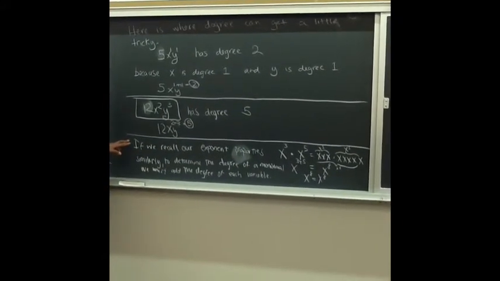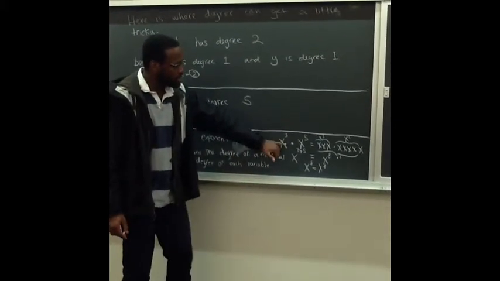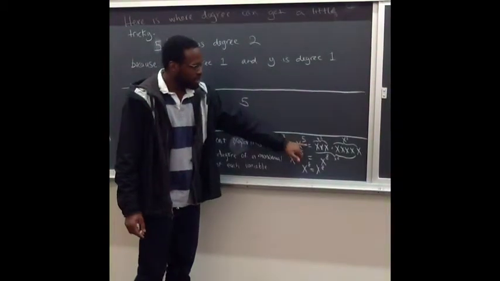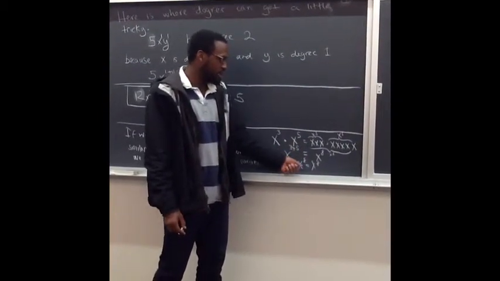If we recall our exponent properties, we can actually see that x cubed times x to the 5th is equal to x to the 3 plus 5, which is x to the 8.